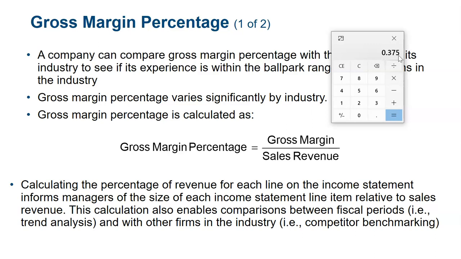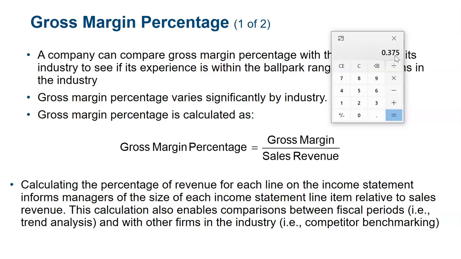I can't remember what month this was for. It doesn't matter. Say it's the month of August, we could look at gross margin percentage for the month of, say, July, and let's just say that we had $7,000 less gross margin, but our gross margin percentage was 41%.